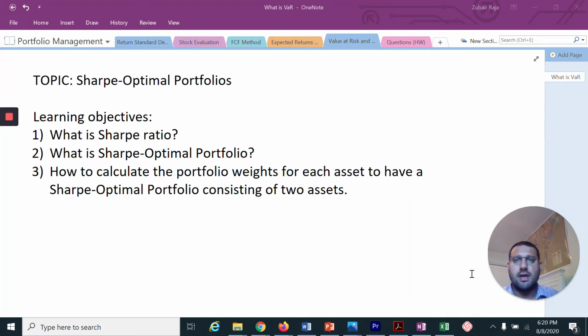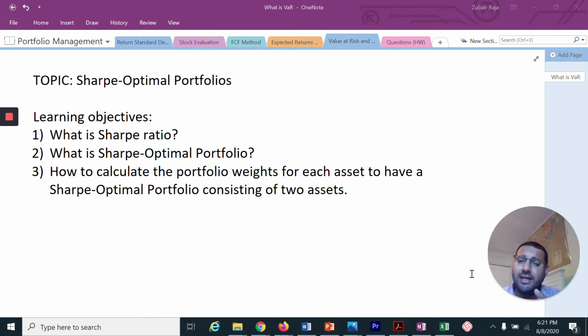Hello viewers, in this knowledge module, our main purpose is to understand what is Sharpe Optimal Portfolio and how we can obtain a portfolio whose Sharpe ratio is the highest. But for that purpose, first we have to understand the Sharpe ratio.